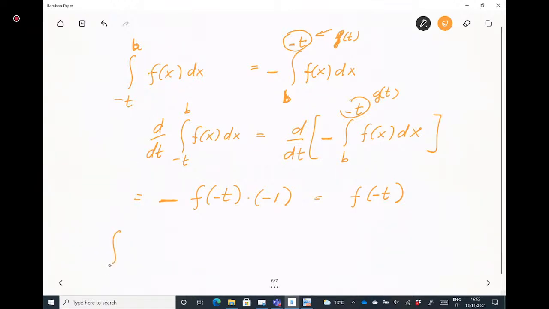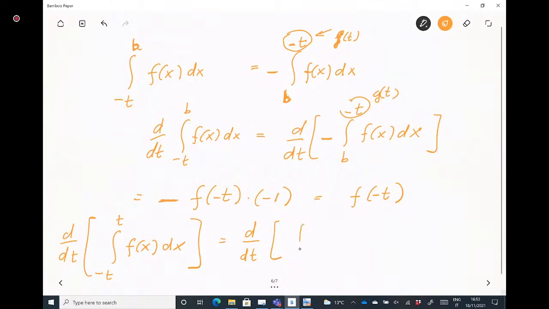Suppose that you now have the integral between minus t and t of some function, and you want to compute the derivative of this. The trick is only that of splitting the integral in two parts, by selecting an intermediate point between minus t and t, which is 0, provided that the function is defined there.